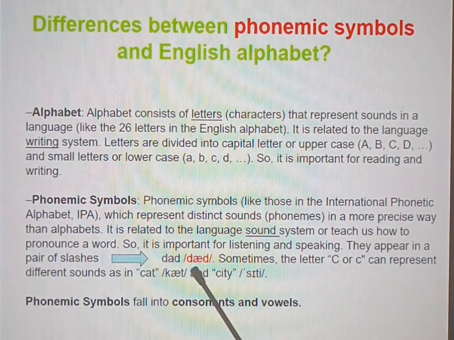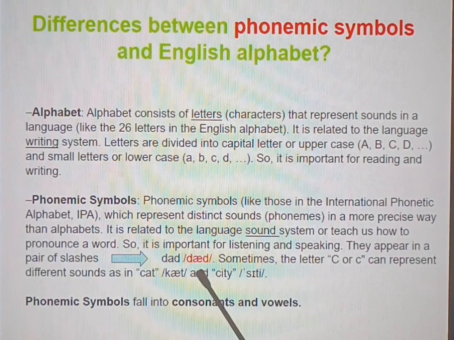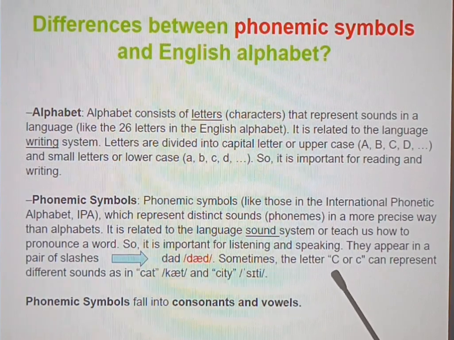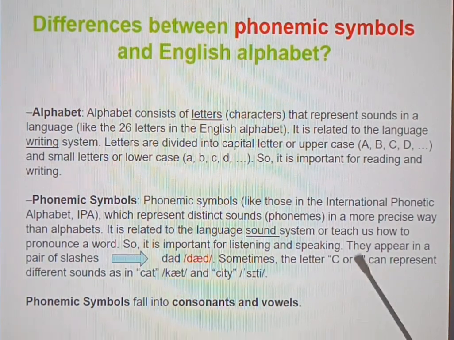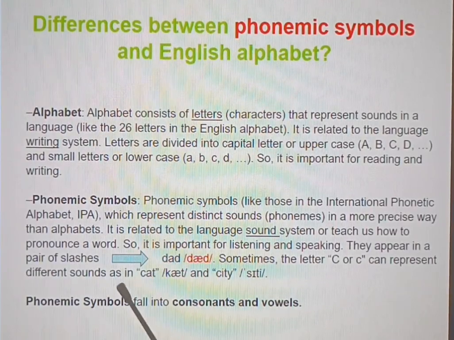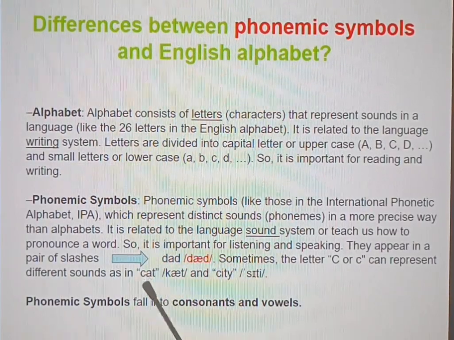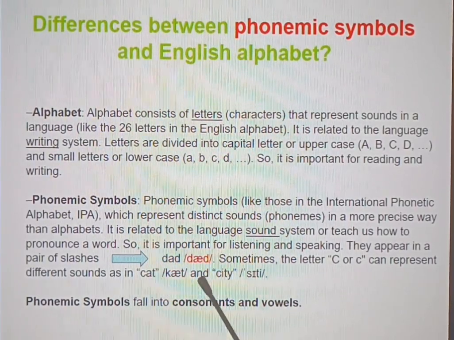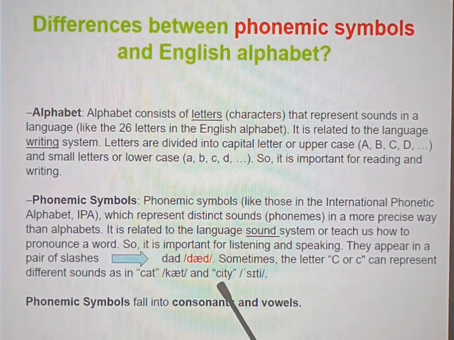This is a symbol representing A. Actually, it's a vowel, but the first one was a consonant. Sometimes the letter C, whether capital or small, can represent different sounds, as in cat. Although it starts with C, we pronounce it as k, cat. Or another example, city.